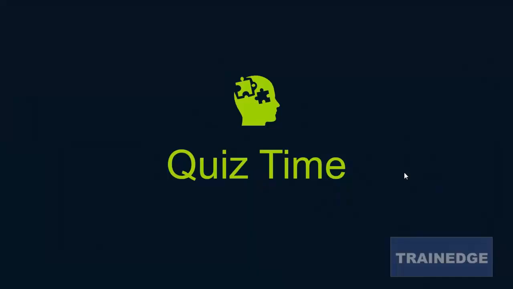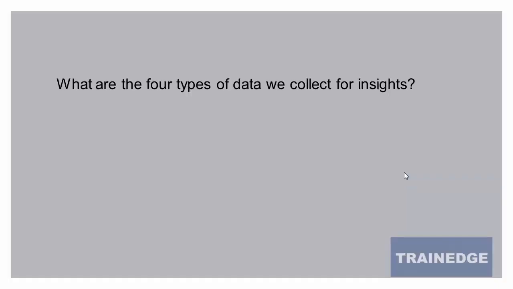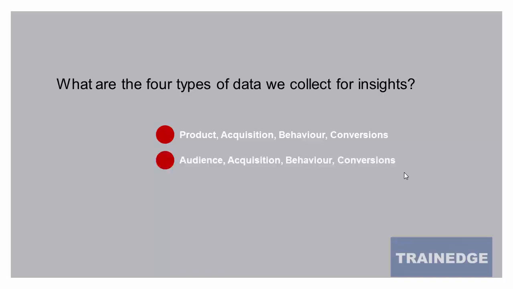Let us see how much you remember from this discussion about insights. What are the 4 types of data we collect for insights? Is it product, acquisition, behavior and conversions data? Is it audience, acquisition, behavior and conversions data?